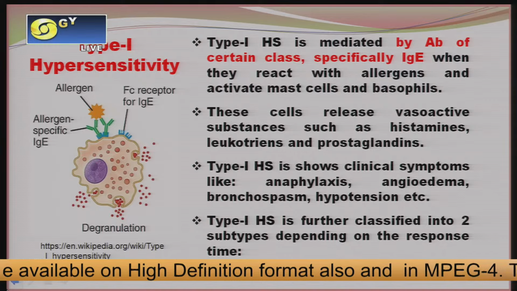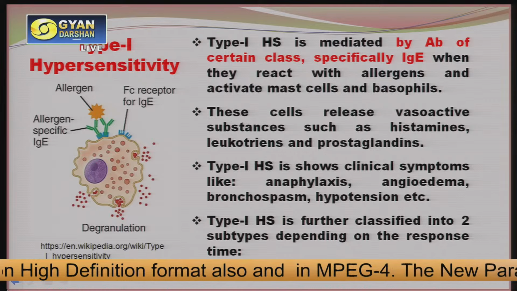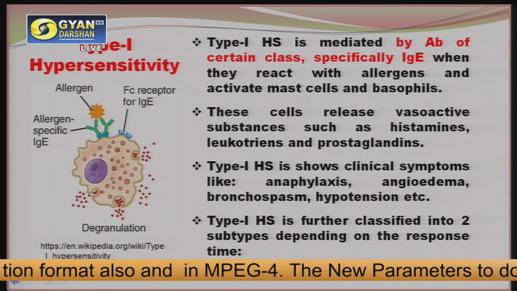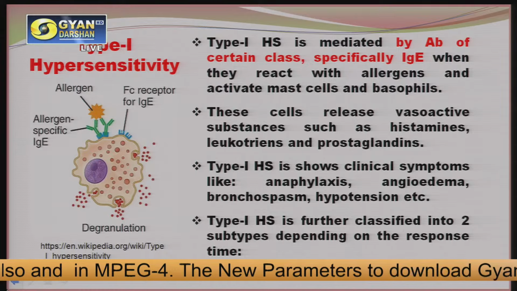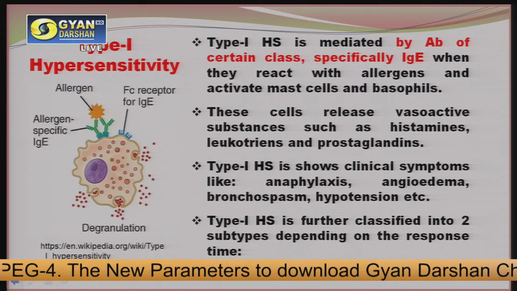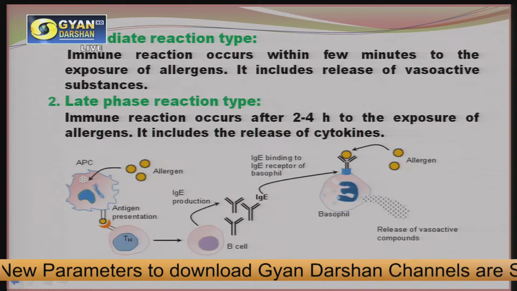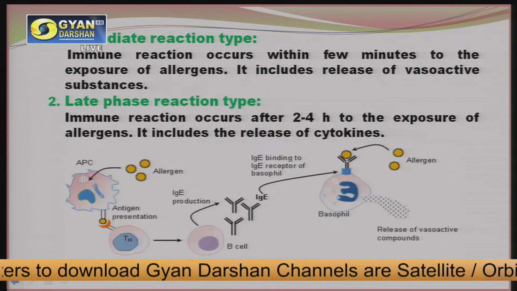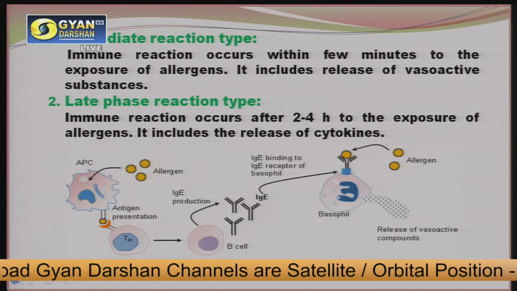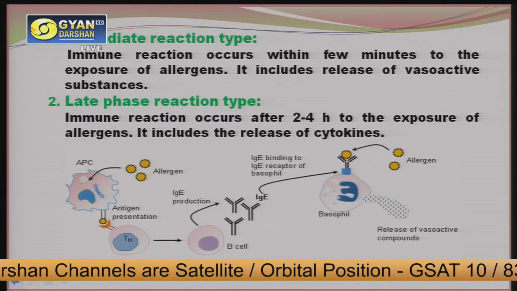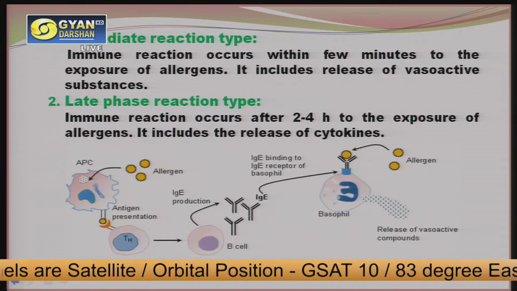Type 1 hypersensitivity is further classified into two subtypes depending on the timing of the response. The first is the immediate reaction type, and the other is the late phase reaction type. The immune reaction occurs within a few minutes.